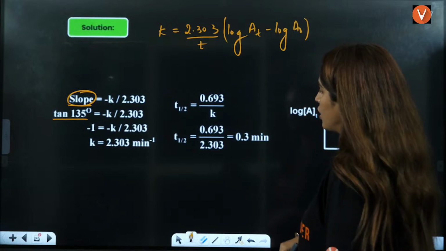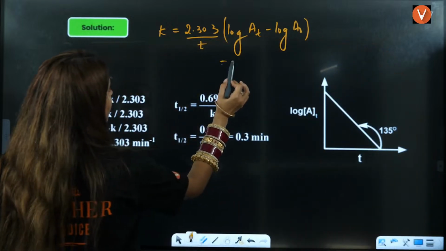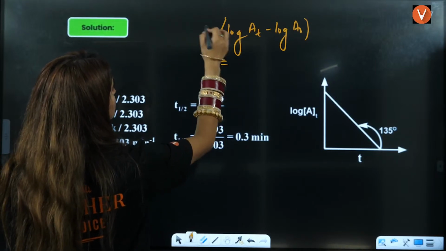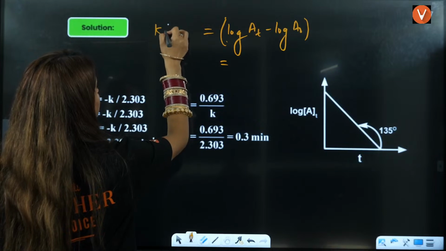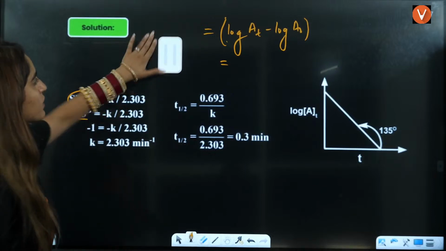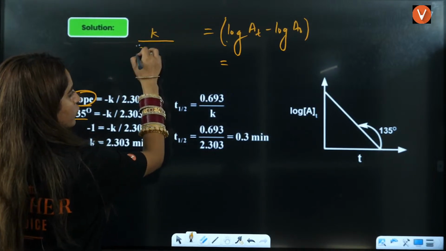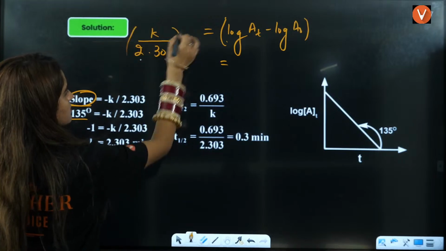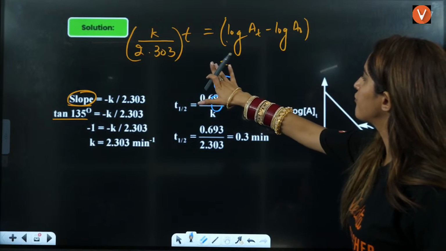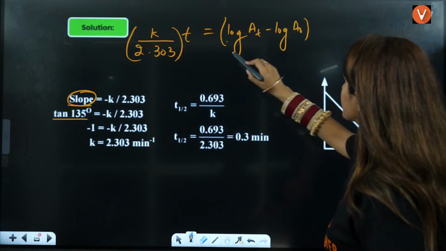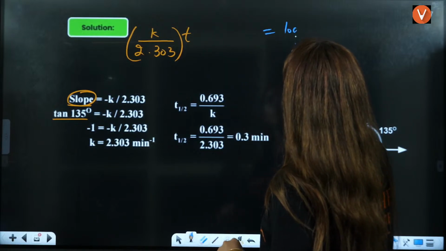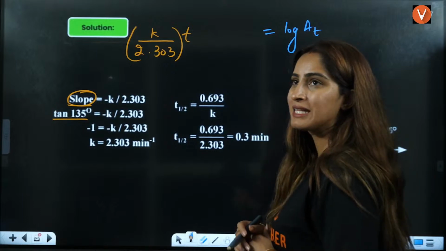So you can also calculate this as K into T divided by 2.303. So you can also write this as K by 2.303, this is T. If you compare this with Y equals to, this is Y. So this will be log of A0 by A, initial by final.